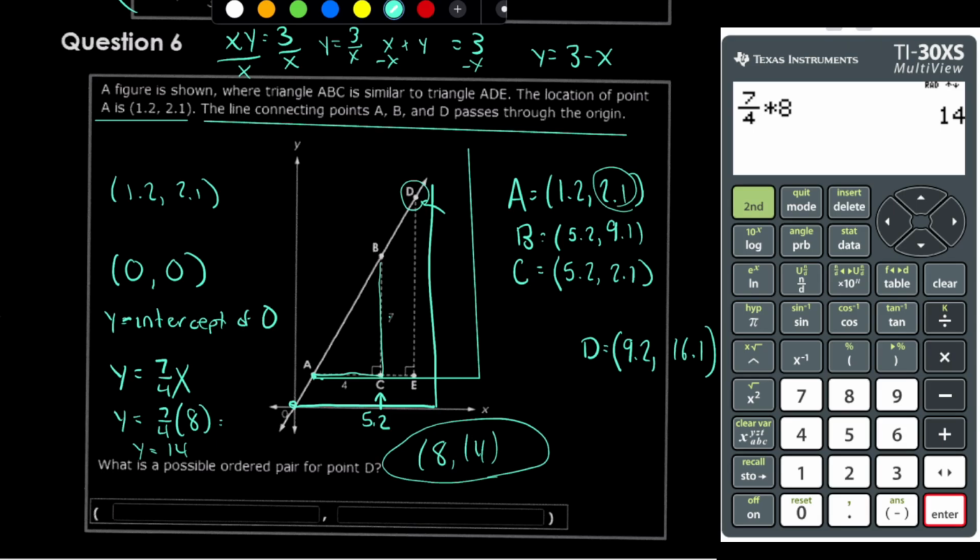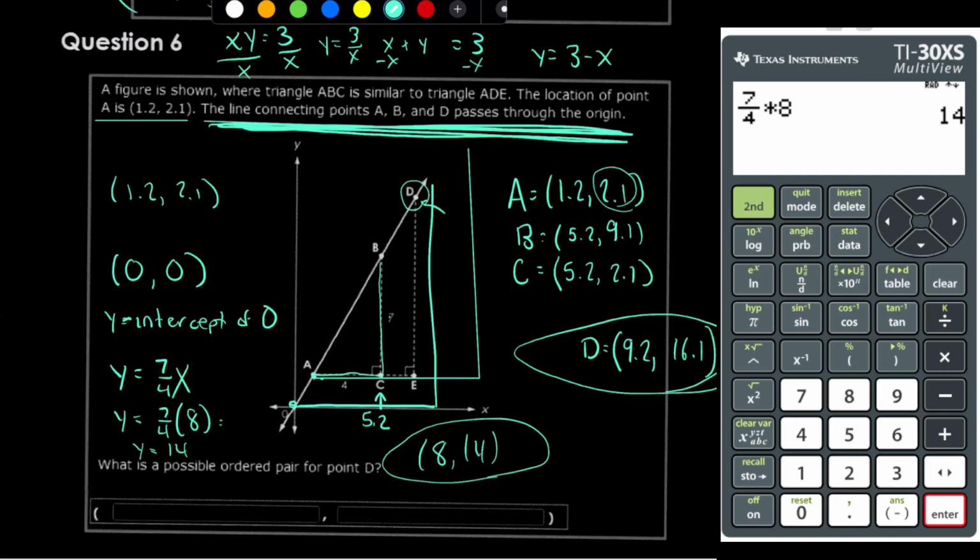Which, yeah, you could use this. This is admittedly a little more confusing. I think the reason they go for 8, 14 is because of this line. It passes through the origin. Okay, so that means you could just start at 0, 0, apply your slope twice, and get 8, 14 and call it a day.